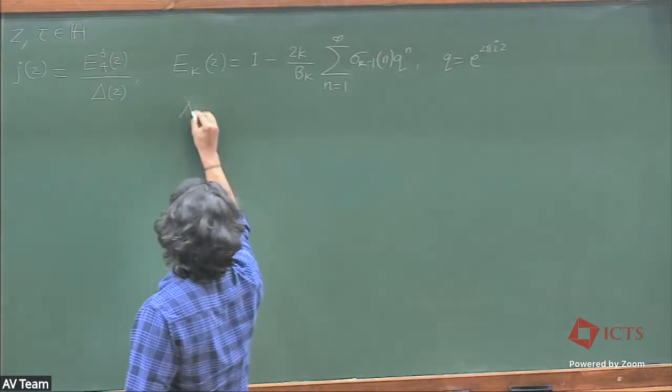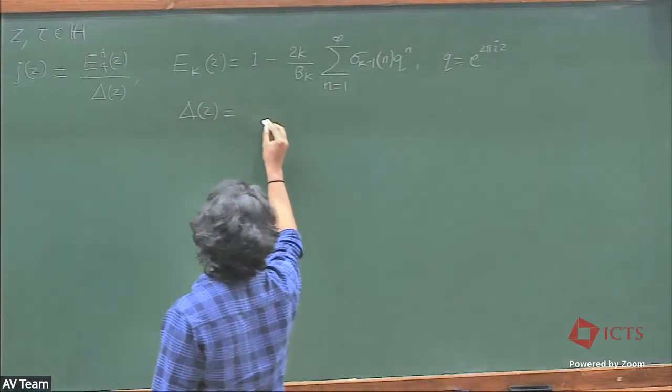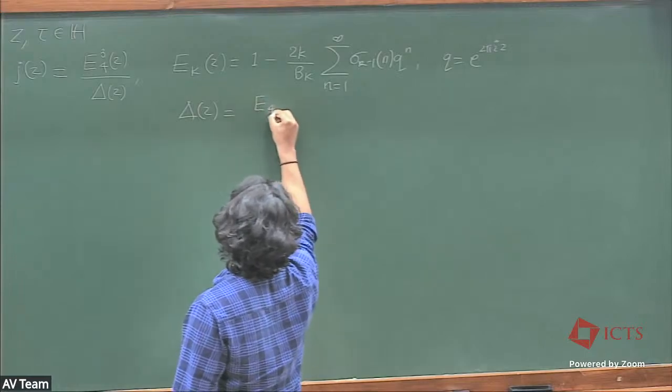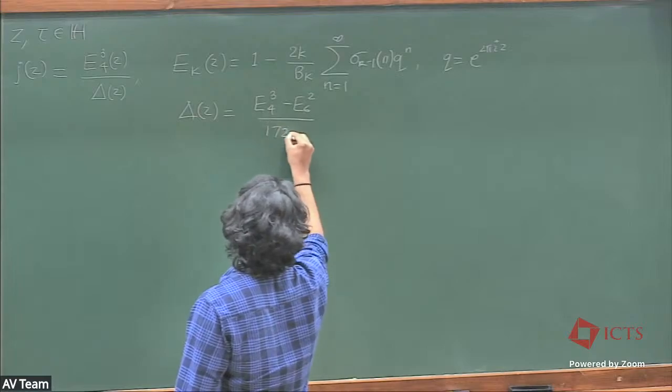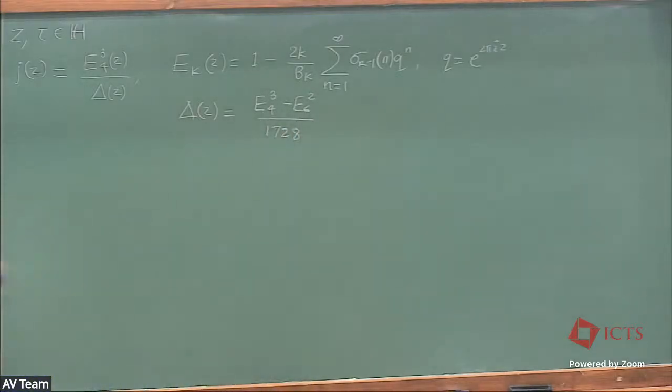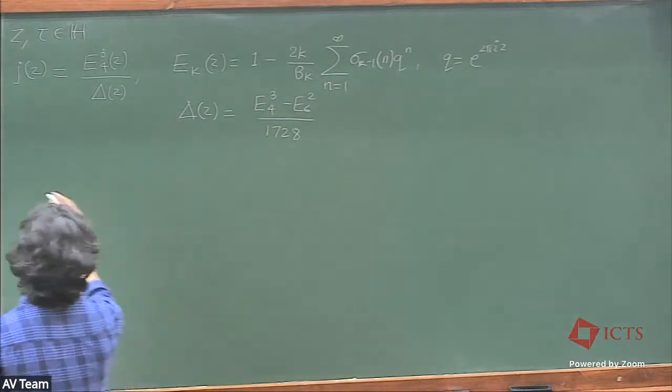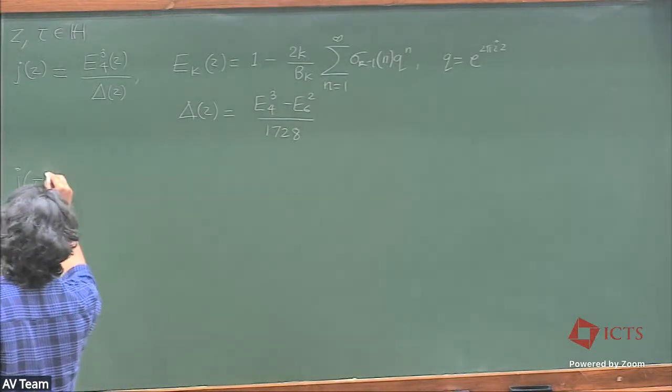And delta is Ramanujan's discriminant function, which is this. So this j function satisfies this amazing infinite product identity.